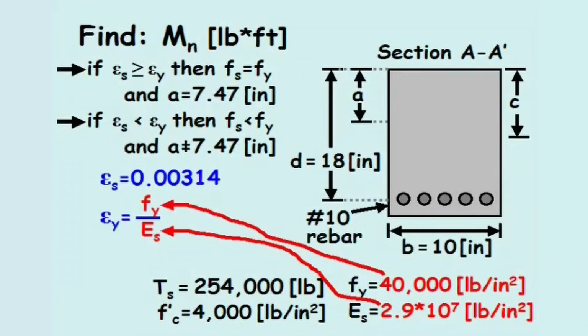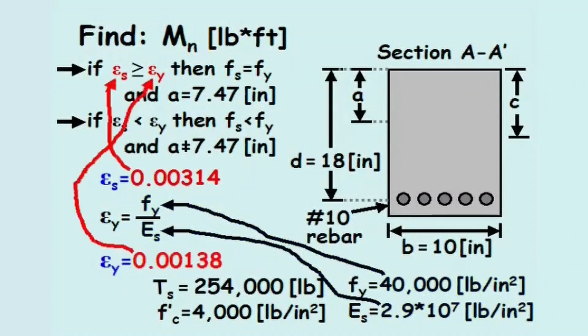After plugging in the appropriate values, the yield strain in the steel equals 0.00138. Since the strain in the steel is indeed at least the yield strain in the steel, then our assumption was correct, and the value of A equals 7.47 inches.